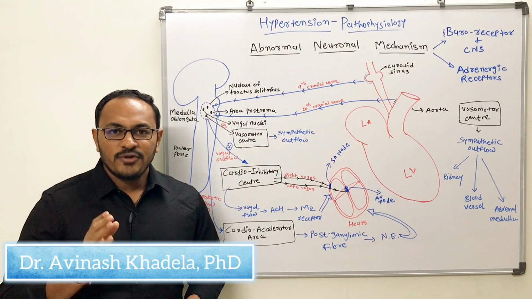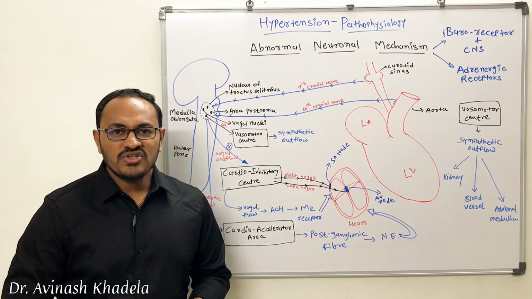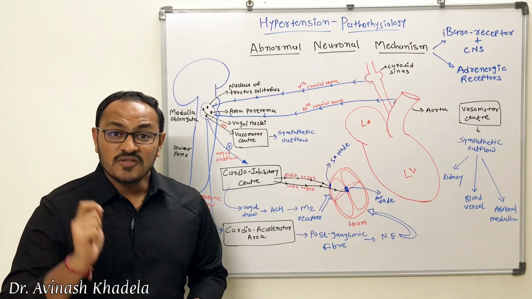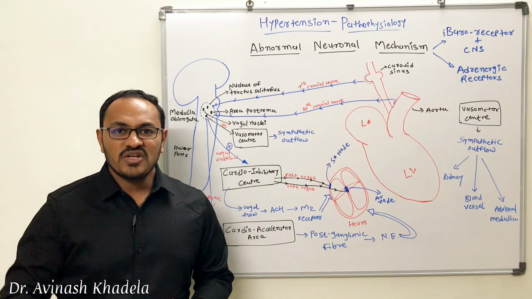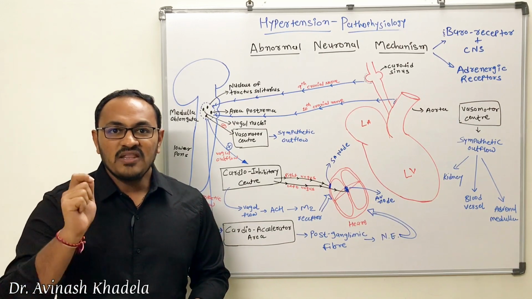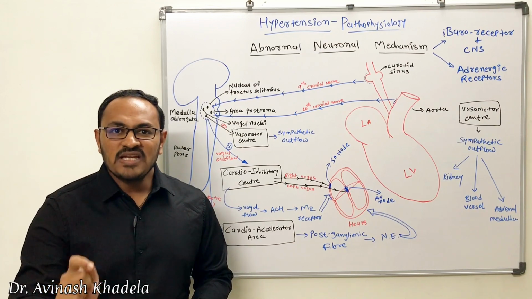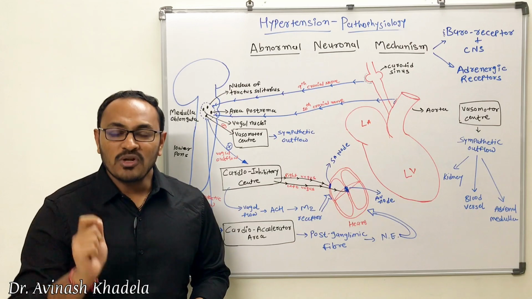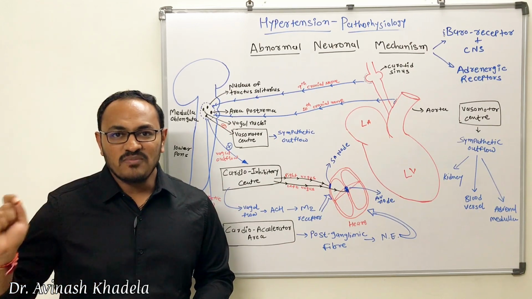Hello friends, today we will discuss neuronal regulation, or the neuronal mechanism, which is responsible for maintenance of normal blood pressure in the human body. In the previous video, we discussed the humoral mechanism, where a malfunction leads to persistent elevation in blood pressure.